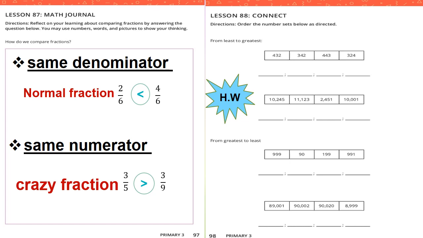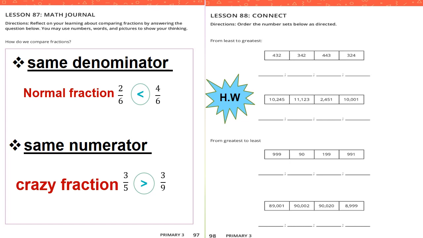Let's start lesson 88, the connect part. Order the number sets below from the least to the greatest. Number 1, we wanted to start from the smallest to the greatest.